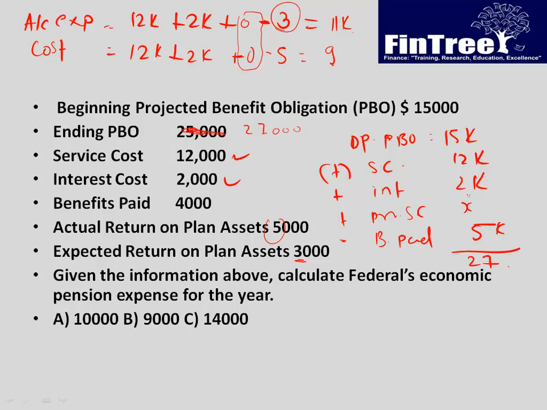So 27, 29, 29 minus 4 is 25, 25 plus x is equal to 27.